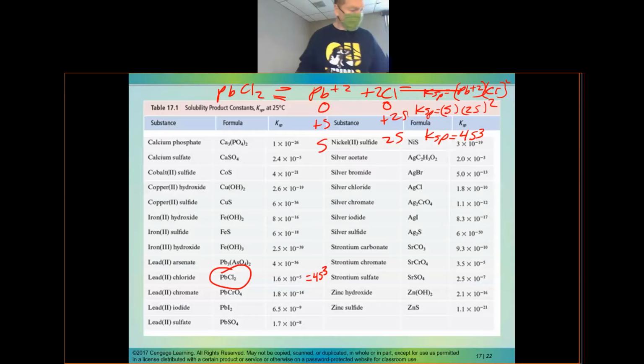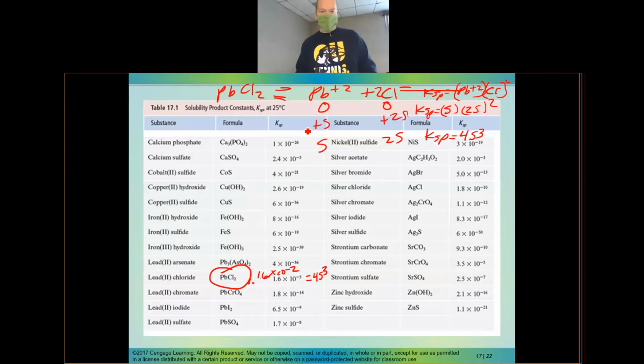And you get 1.6 times 10 to the minus 2. That's very odd that it came out to be 1.6, but it did come out to be 1.6 times 10 to the minus 2.